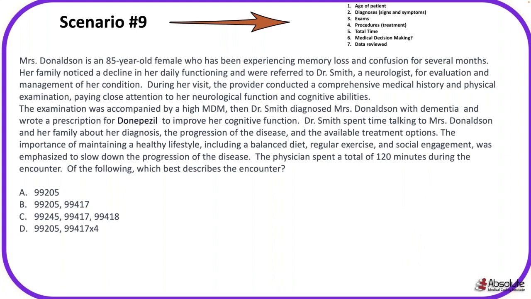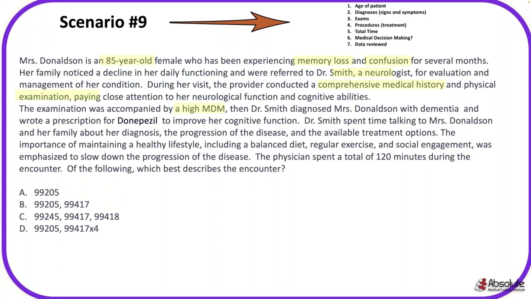All right. How did you do? And I apologize for my on clicks. I don't know if it's the webinar or not, but it's an 85-year-old with memory loss and confusion. Neurologist, Dr. Smith, carried out a comprehensive medical history and exam, paying attention to her neurological function.